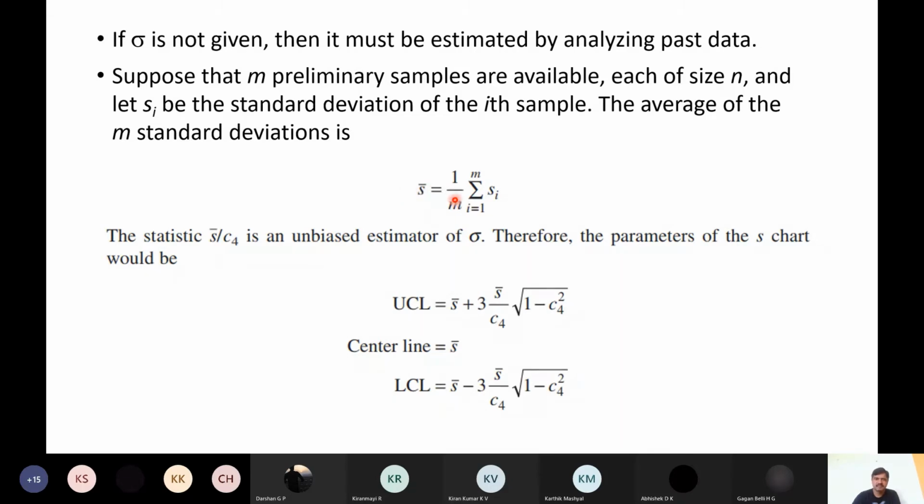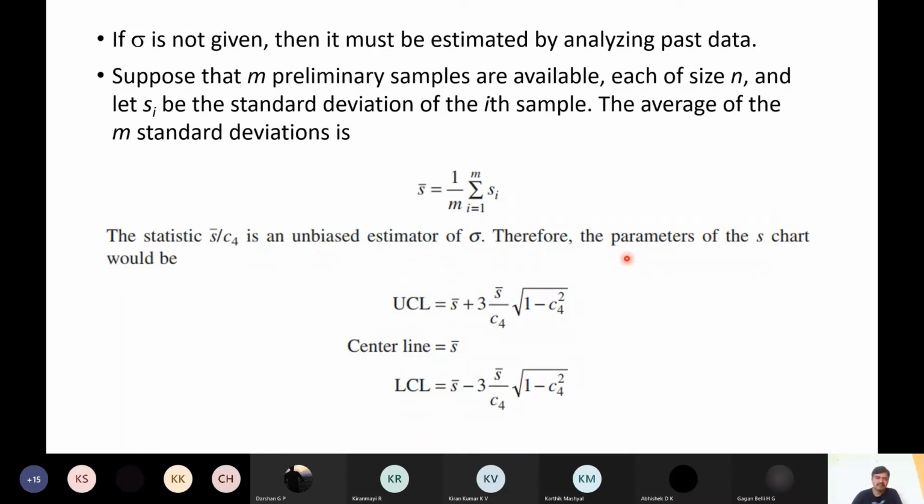So that means first you have to find the individual sample standard deviation values, S. Then if there are 25 different subgroups or samples, you add the S values of all 25 and divide by 25, and that will give you S bar. Next, the statistic S bar by C4 is an unbiased estimator of sigma.